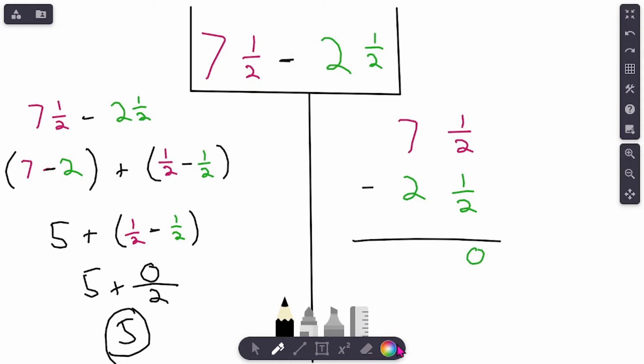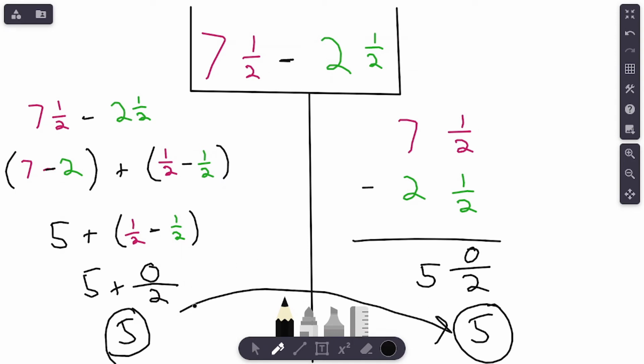Sorry, I should have changed it to black. 1 minus 1 is 0, that's over 2. 7 minus 2 is 5. And again, our answer is 5. Either strategy that you choose to use will give you the same answer. Another way that you can think about this, if you get it correct using one strategy, you should get the same exact answer for the other strategy. It's just a good way to check your work.